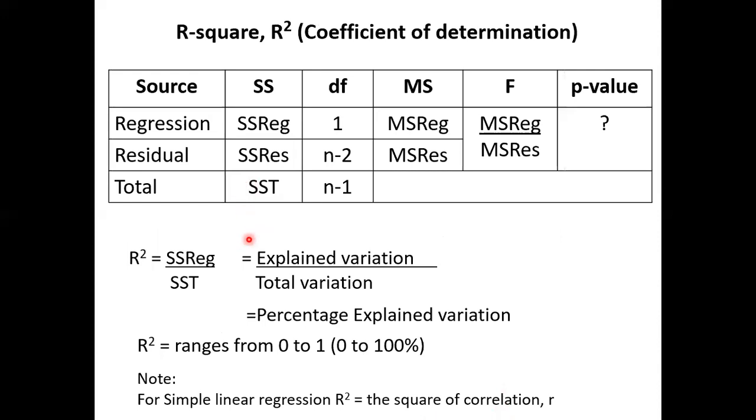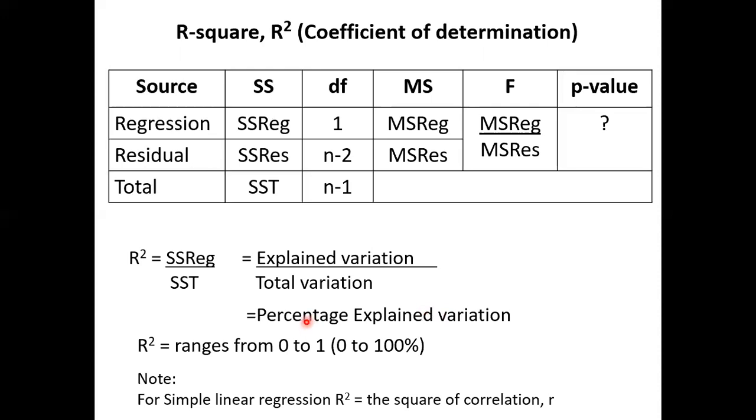One more term here, r squared. What's r squared? Regression over total. Explained over the total variation. Also called percentage explained variation. Statistics textbooks will say coefficient of determination.